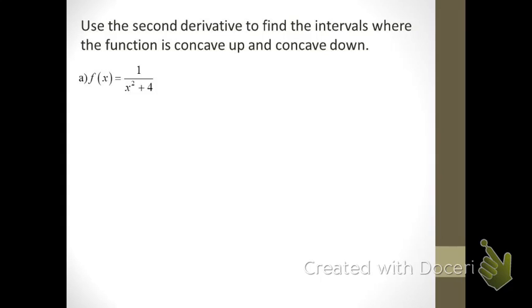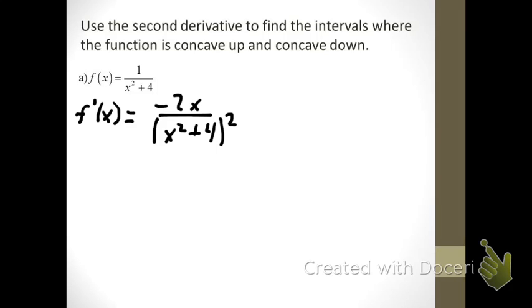All right, but we are going to be using the second derivative here, and so we're going to take the derivative of f of x, and it turns out that f prime of x for this function is going to equal negative 2x over (x squared plus 4) squared. All right, that's just a simple application of the quotient rule right there, or product rule if you choose to rewrite the original expression.